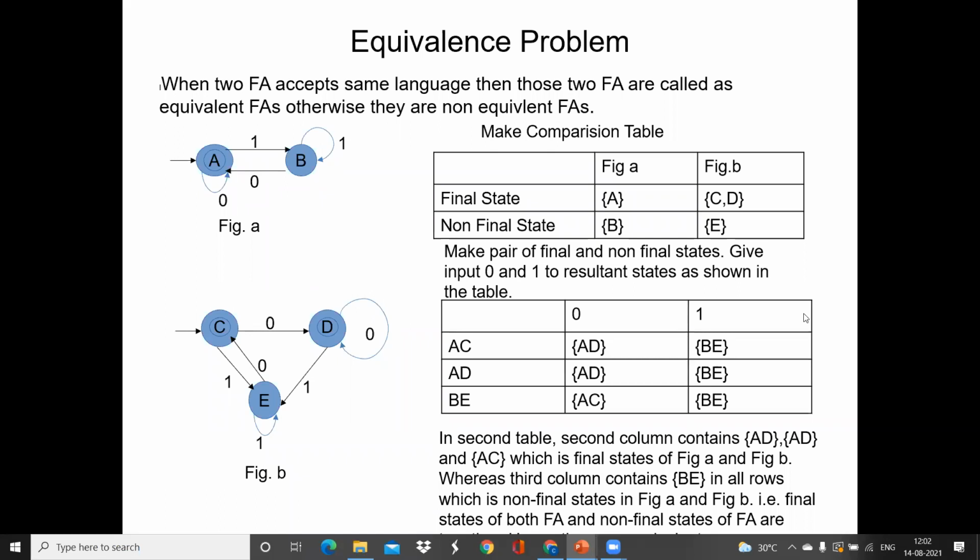So this is another way to identify whether they are equivalent or not. If after giving the input, the final and non-final states are separated, then we can say that they are equivalent.